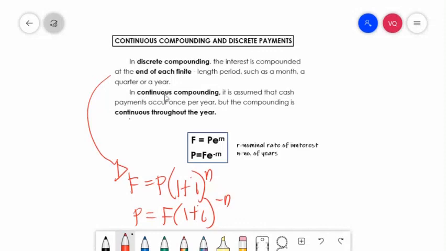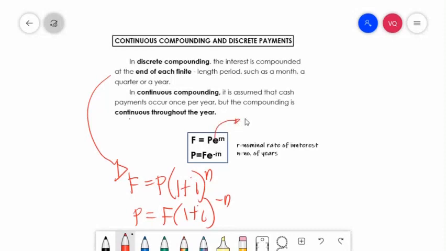While in continuous compounding, it is assumed that cash payments occur once per year, but compounding is continuous throughout the year. So for continuous, we have the formula future worth is equal to present multiplied by E raised to RN.